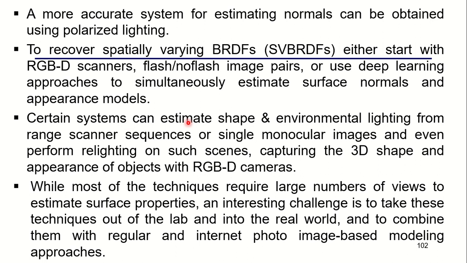Certain systems can estimate shape and environmental lighting from range scanner sequences or single monocular images, and even perform relighting on such scenes, capturing the 3D shape and appearance of objects with the RGBD cameras.